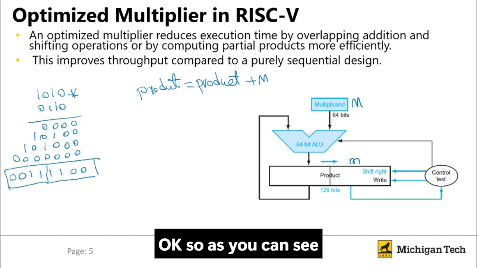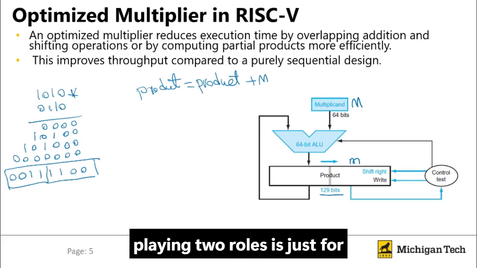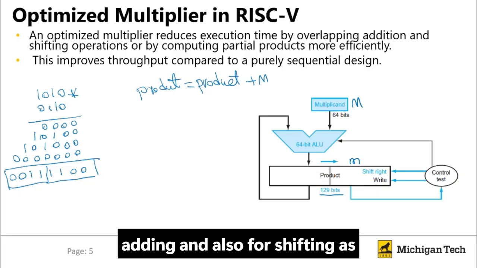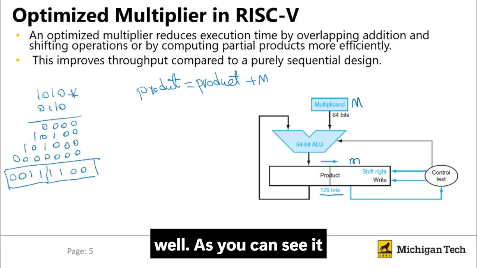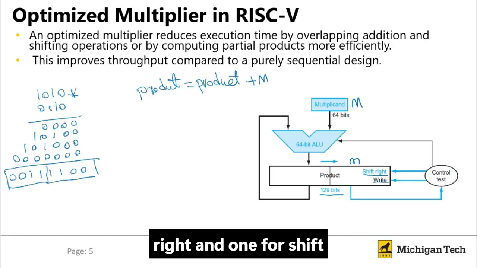As you can see, this register has two parts and plays two roles. It's used for adding and also for shifting. It has two controllers, one for write and one for shift right. And this is 129 bits, which means one extra bit, which is the carry.